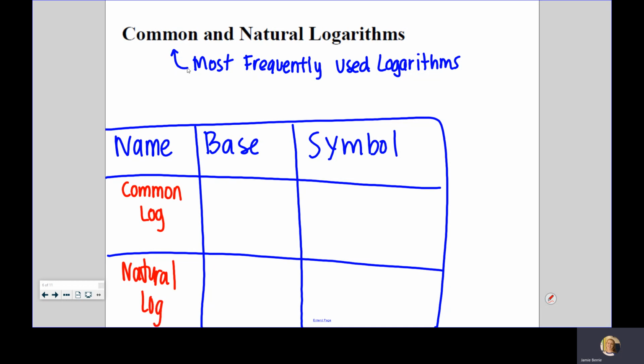All right, so the common log has base 10. So instead of base a, we're going to write base 10. This would be y equals log base 10 of x.